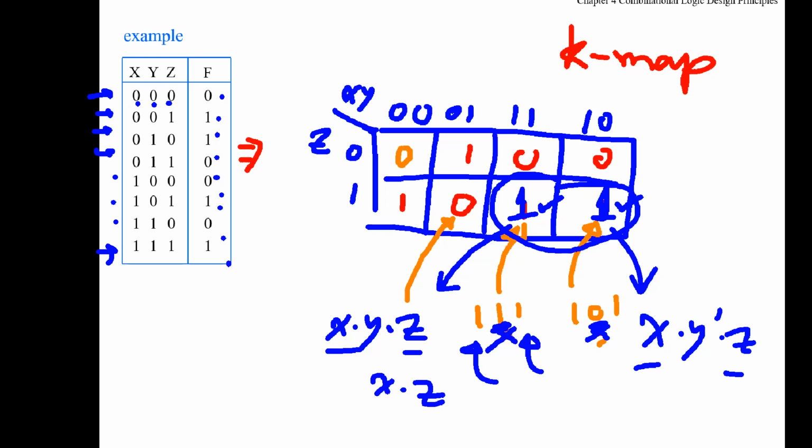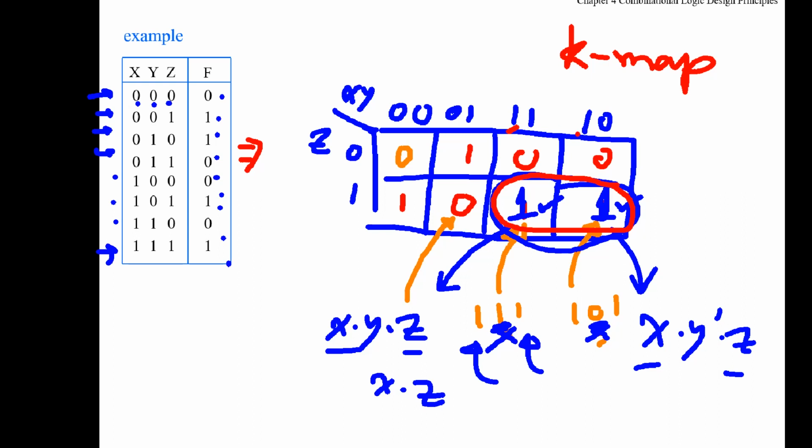So with this scheme, you can consider these two cells directly at the same time. You need not find a product term of each cell first and combine them later. You just consider the input values.